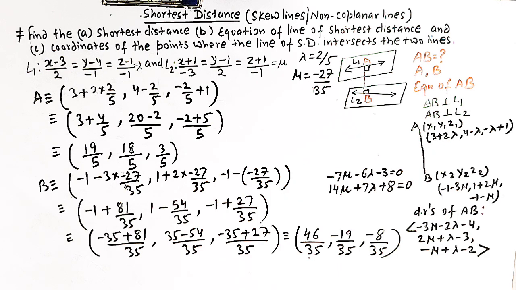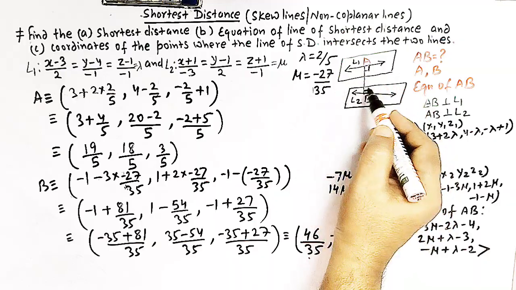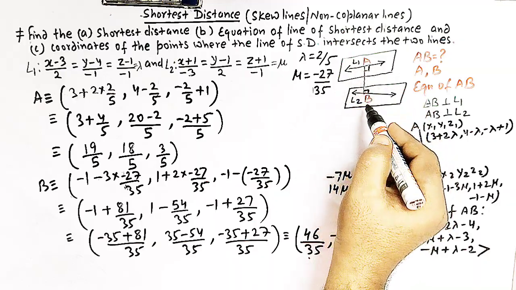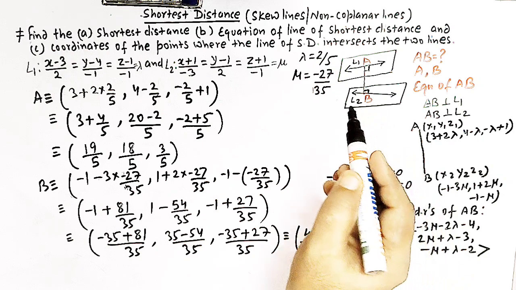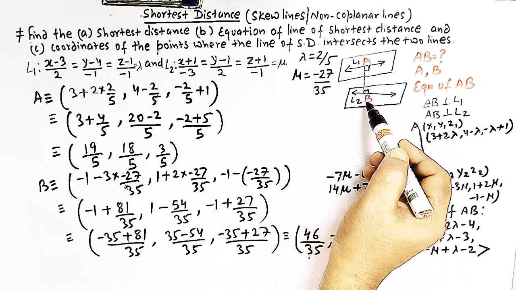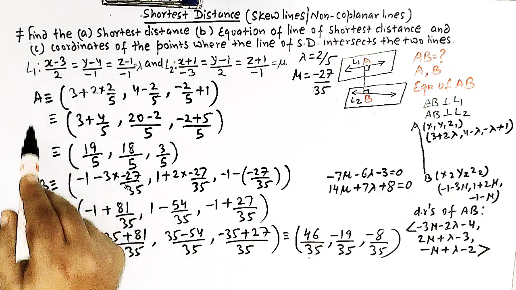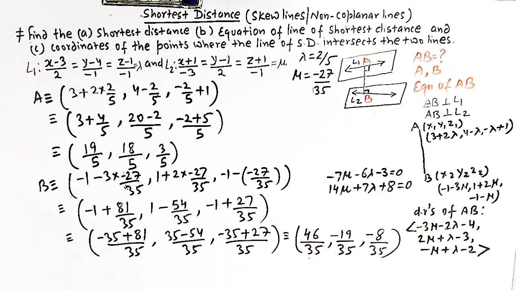So now we have found the coordinates of the points A and B. So let us now find the shortest distance, that is AB, using the coordinates of point A and point B along with the distance formula.